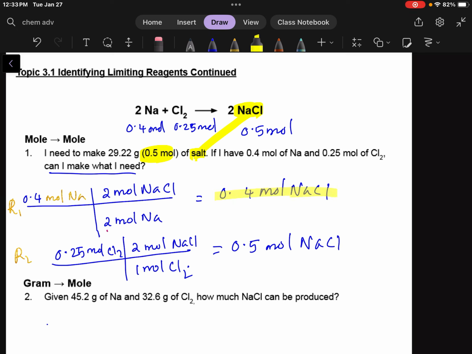Okay, now let's see. This is the lowest amount of product, so we can only make this much. That is your theoretical yield. Sodium is the limiting reactant, which runs out first. So can I make what I need?